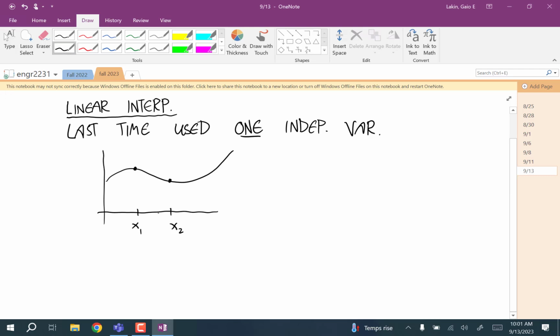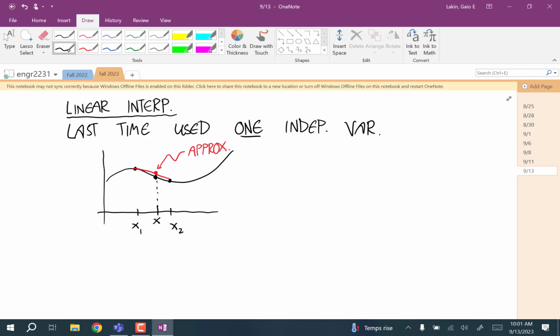And you're trying to approximate it at some value x, and you approximate it by that red dot. So mathematically, you're putting a line in between those two boundary points, and you're following that line to approximate your value at the x value you want.